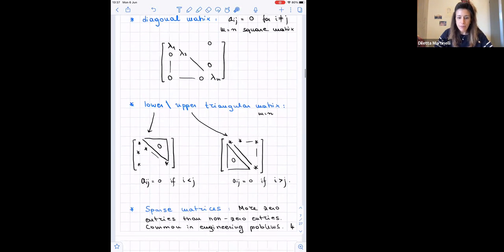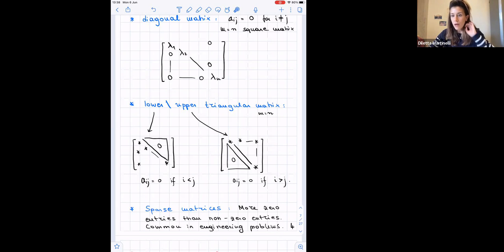And at the end, I put another class of matrices that is very important, especially in engineering problems, called sparse. That means that there are more 0 entries than non-zero entries. You will realize when you start doing matrix computation that if there are a lot of zeros, then computations are easier. It's also connected to the storing capacity, the memory of your computer.